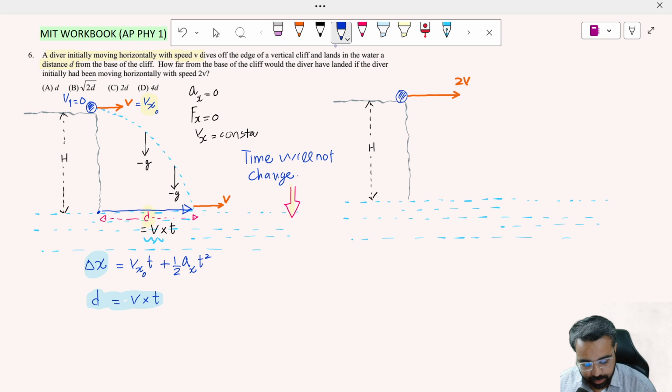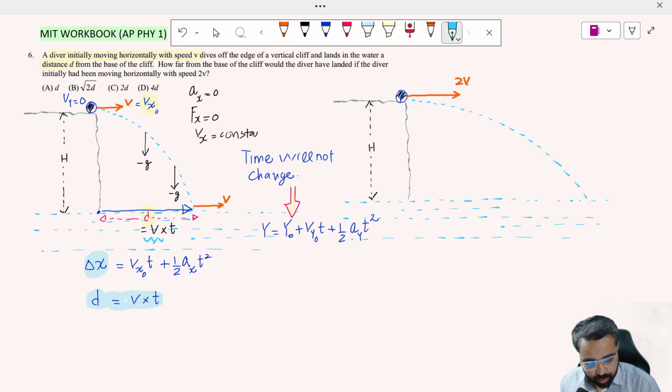Our equation is, once again, a kinematics equation: the final displacement is equal to the initial displacement plus the initial velocity times t plus 1 over 2 acceleration along the y-axis times t squared. When we have thrown a ball, in both scenarios, when it finally landed, what is the final vertical displacement? That is 0 because it is at the ground.